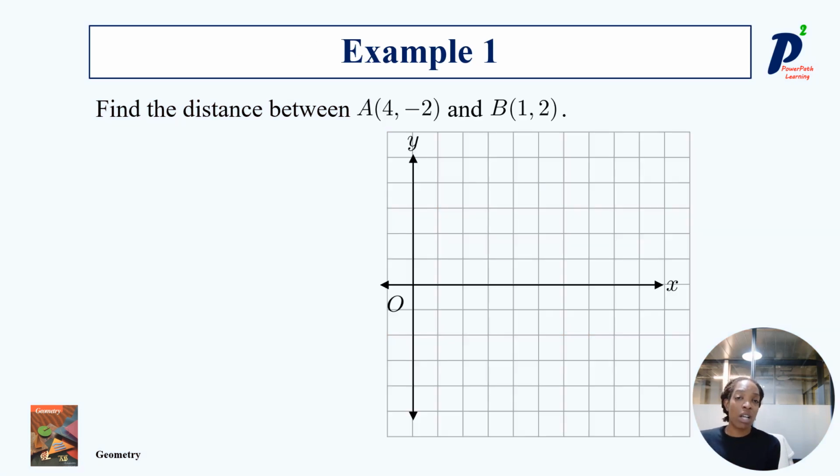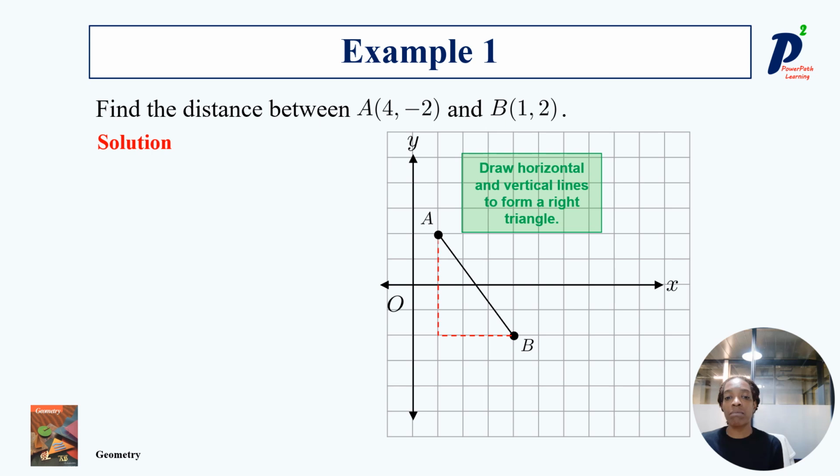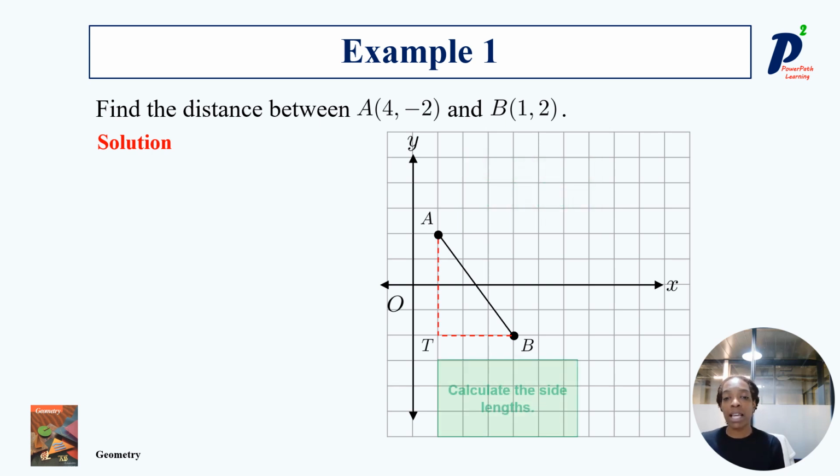In example 1, we need to find the distance between point A, which is at (4, -2), and point B, which is at (1, 2). I'm going to start by just drawing the line segment AB. Next, we can draw our line segments to form a right triangle. Let's call it ATB. Now we're going to calculate the length of each leg.